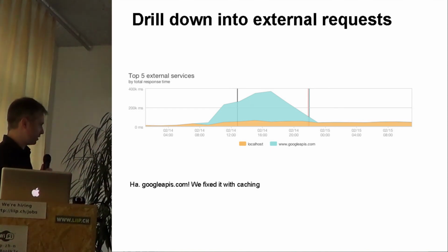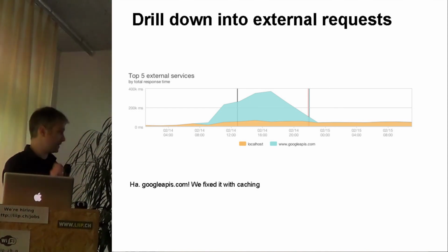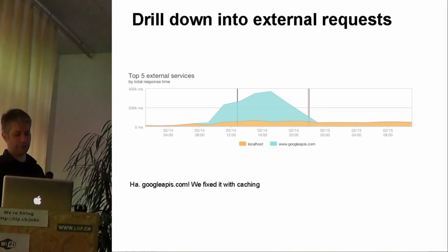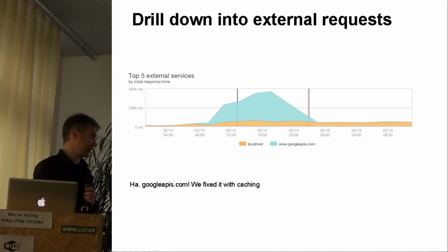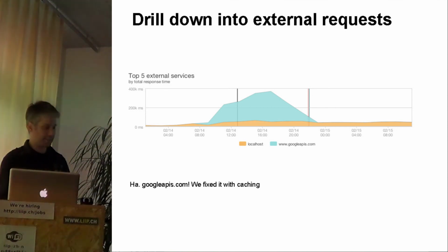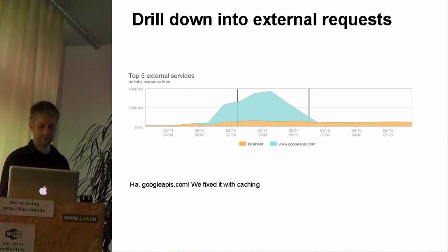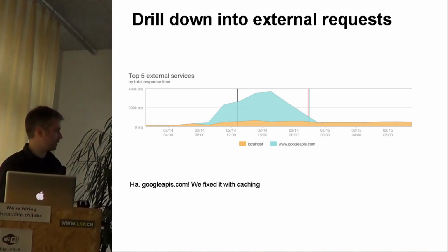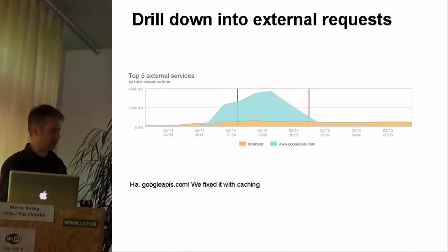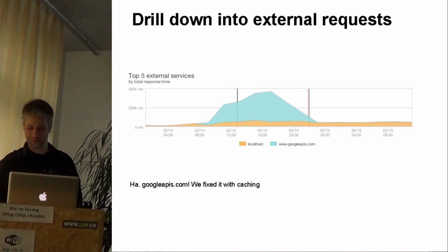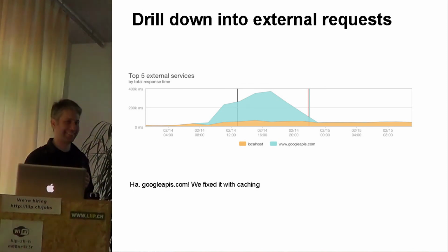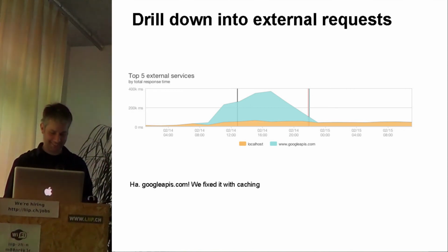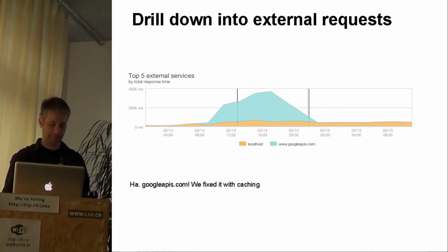The reason was we displayed the events from Google Plus on our web page, and that wasn't cached. So on every request we asked the Google API to give us the latest events, and then we fixed that, and the request time went down. As you can see, I fixed that live on the server, so it was down. There was an error, that's why it's red here. Yeah, you shouldn't do that.